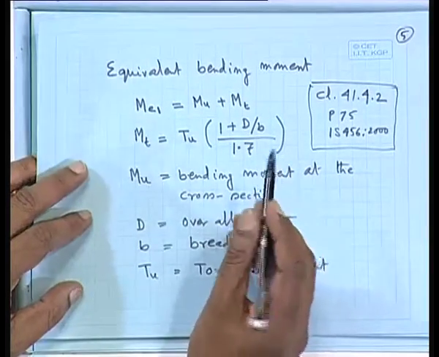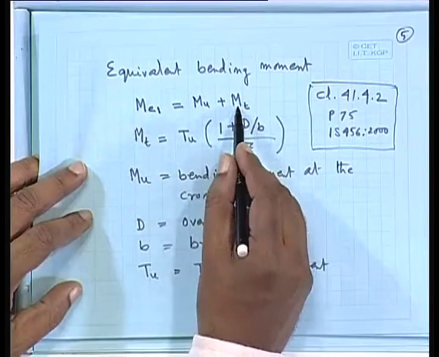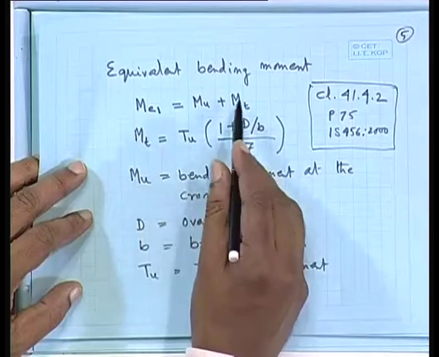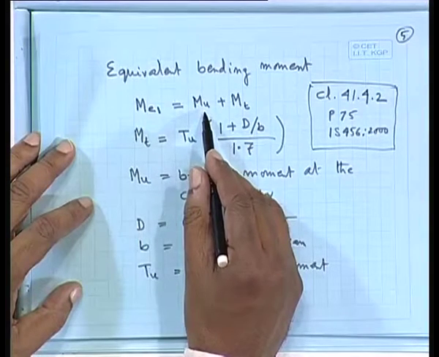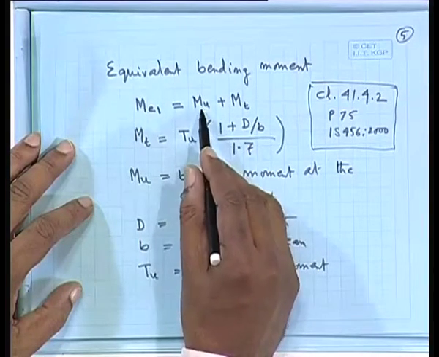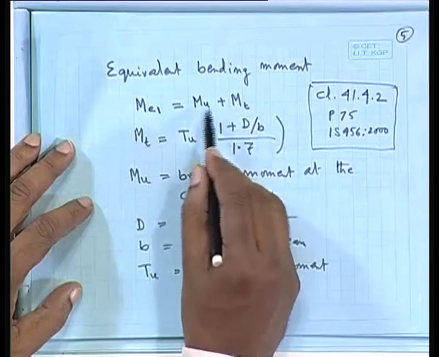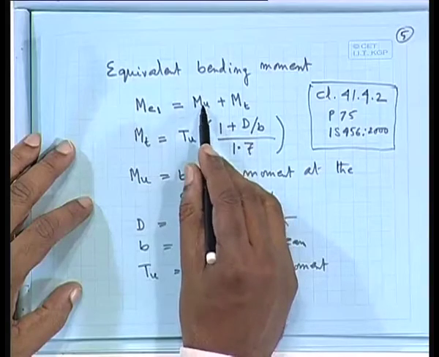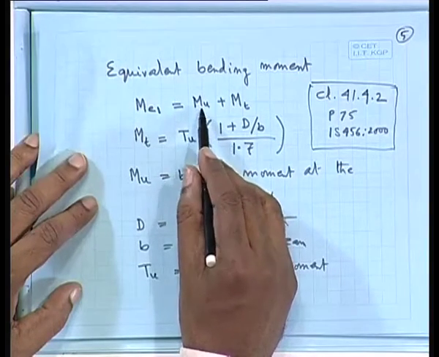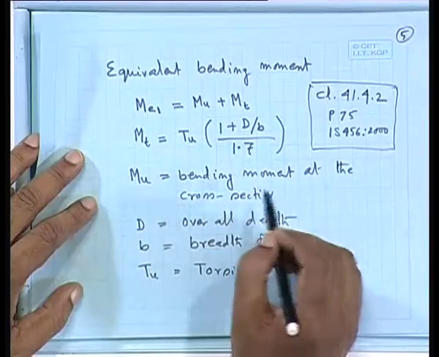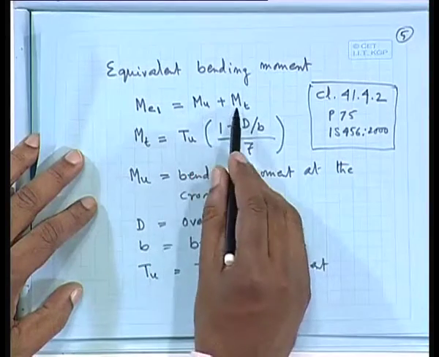Now there could be another possibility, that the Mt we have got is greater than Mu. In the first case, we are adding up Mu plus Mt, and that we provide in the longitudinal reinforcement at the bottom, that means Mu plus Mt.